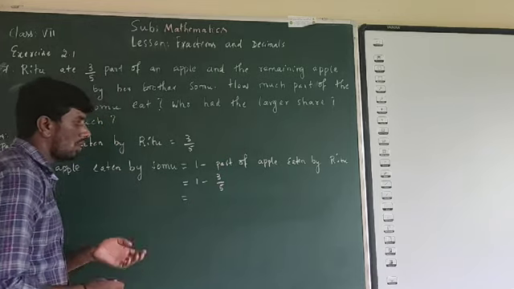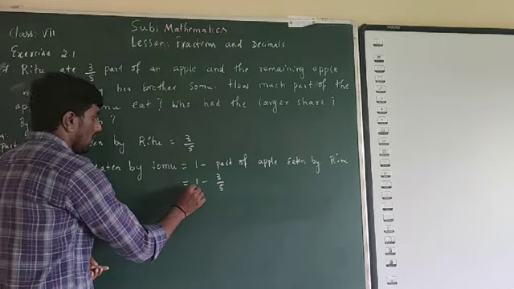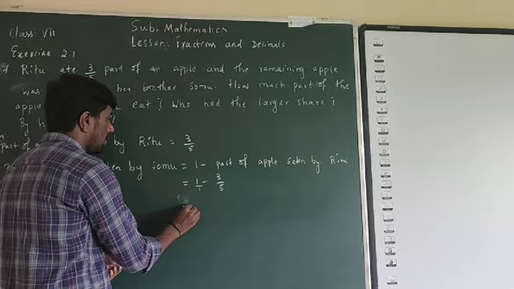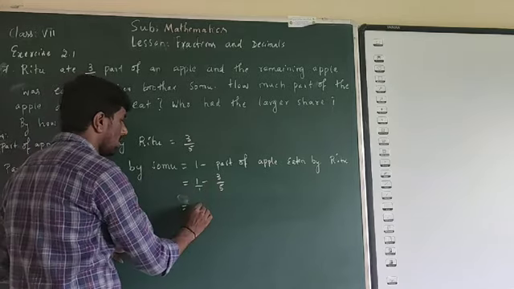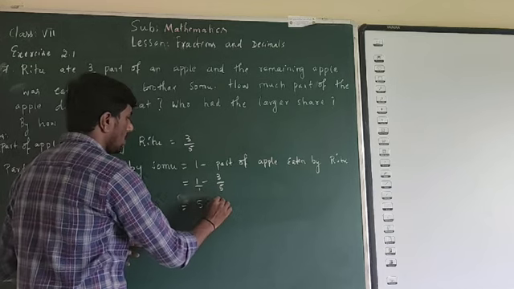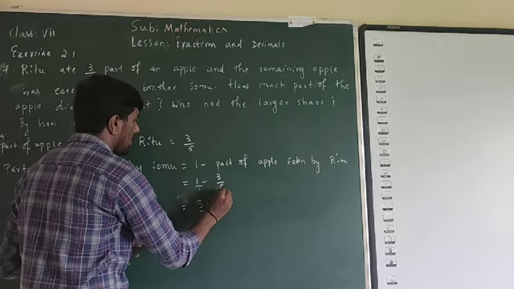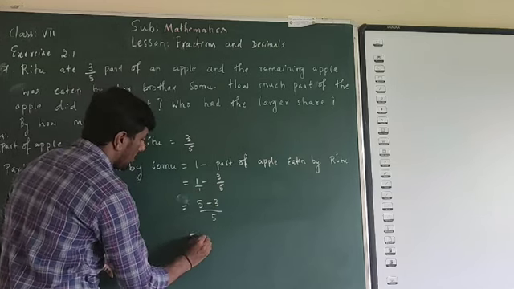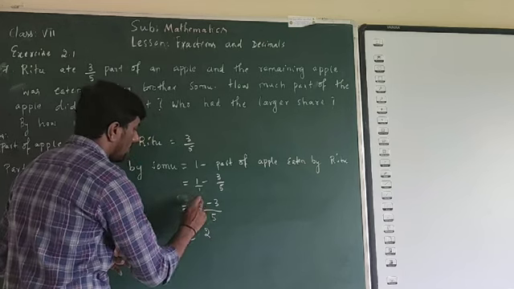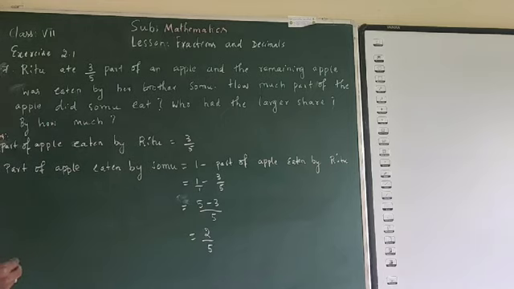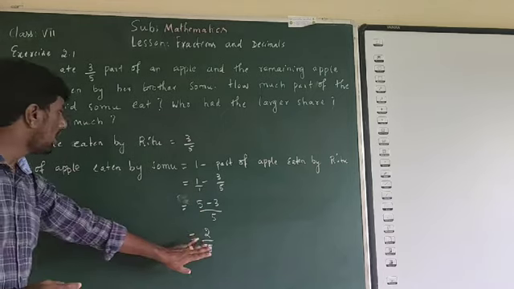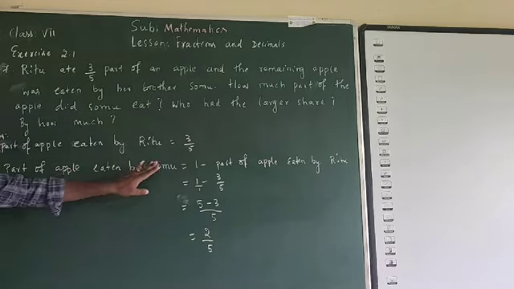Which method? Cross multiplication method. 5 ones are 5 minus 1 3s are 3, divided by 5 into 1s are 5. To subtract 3 from 5 will become 2. That is 2 by 5. So this is the part of apple eaten by Somu.